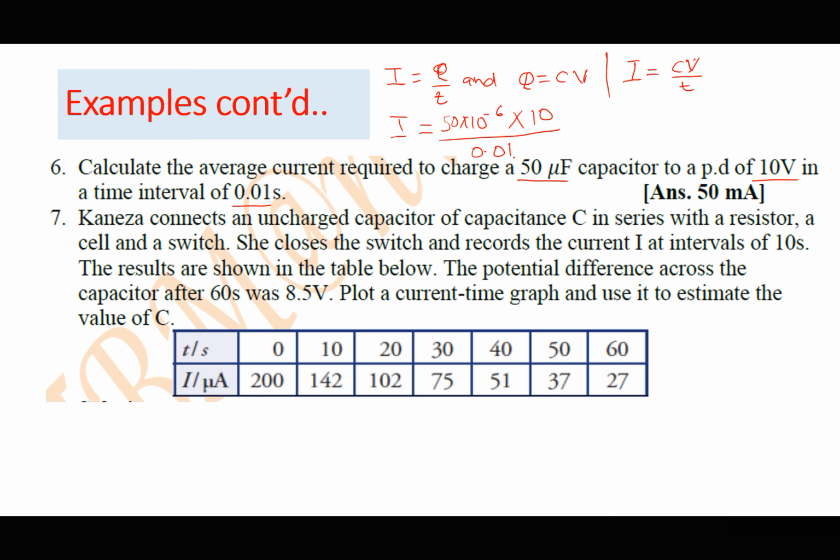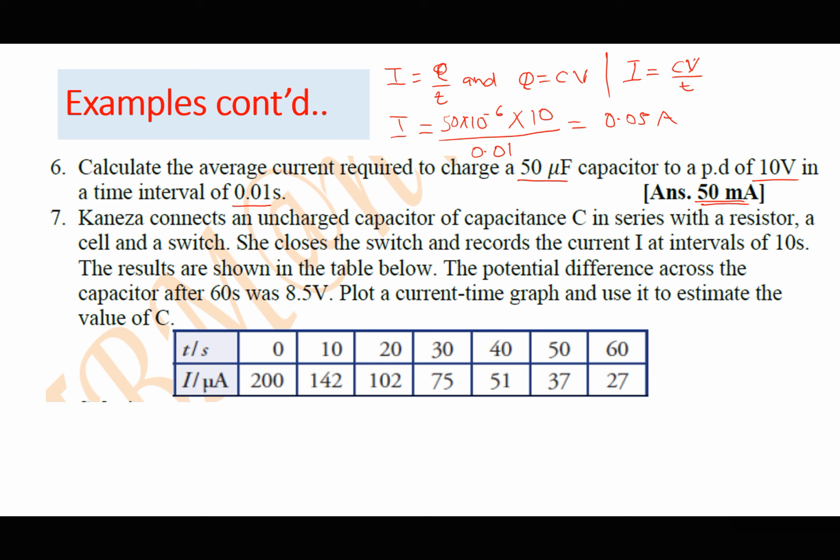So I'll just press my calculator. 50 exponent minus 6 times 10 divided by 0.01. So this is giving me 0.05 amperes.